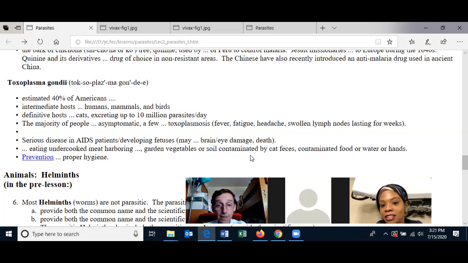Or from soil contaminated by cat feces, or contaminated food or water or hands. And some people get it by handling kitty litter boxes, and then they don't wash their hands, and then they eat. Okay? And that's probably why so many Americans, like 40% of them, either have it or once had it.